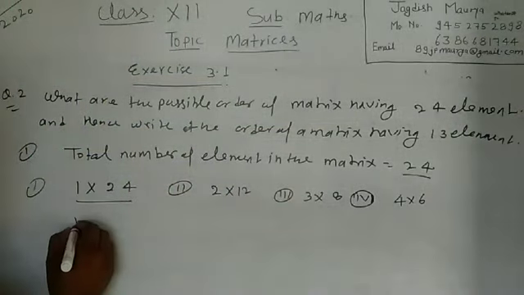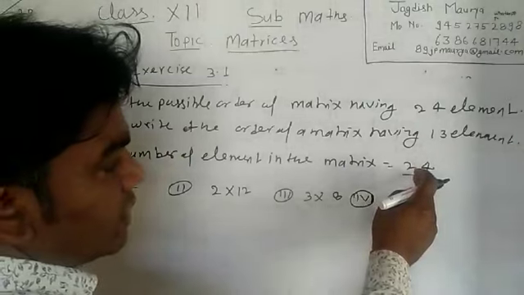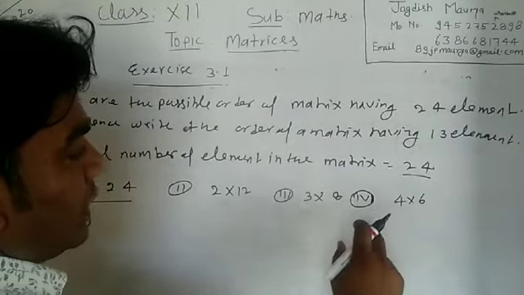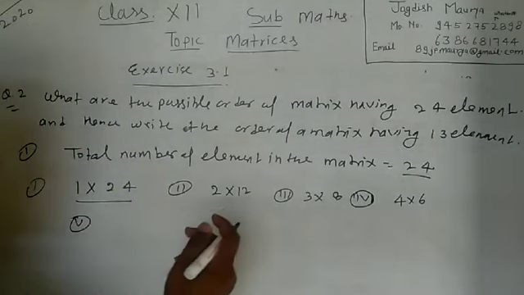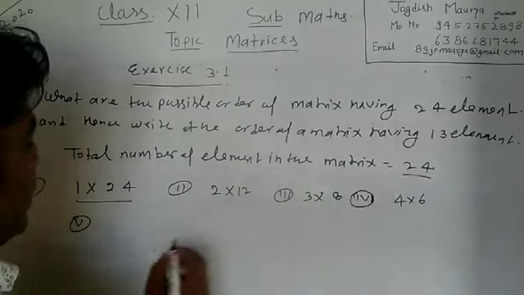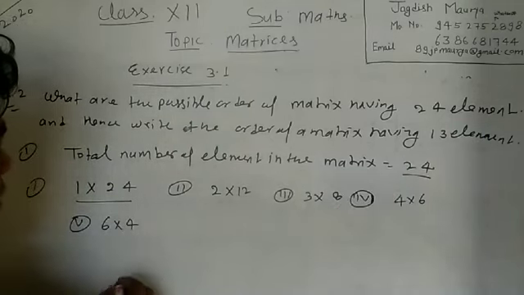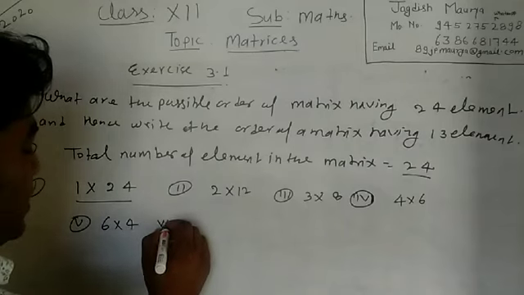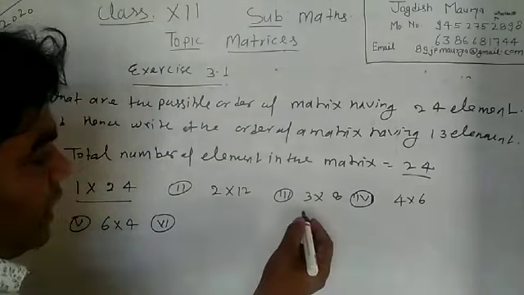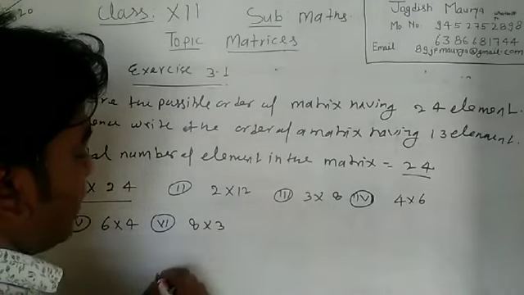Next, since 5 does not divide 24, the matrix cannot have 5 rows. Fifth possible order, since 6 divides 24, is 6 by 4. Sixth possible order, since 8 divides 24, is 8 by 3.